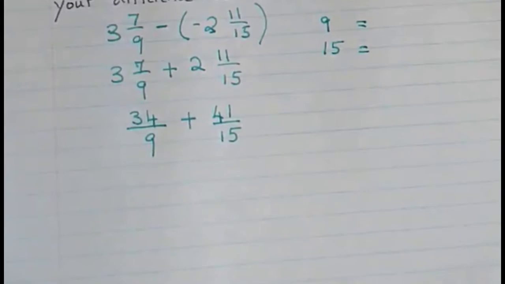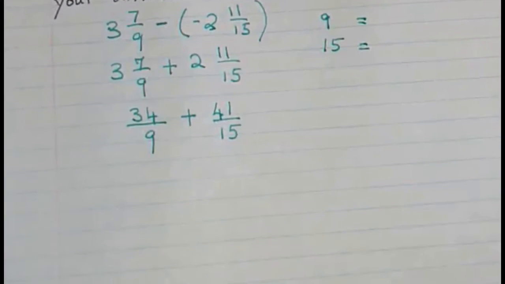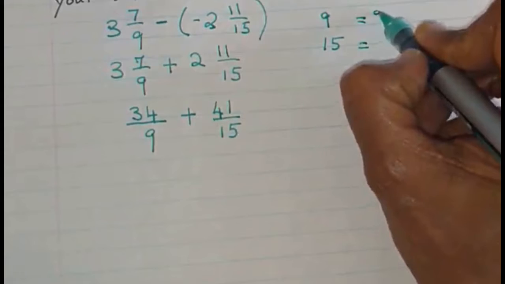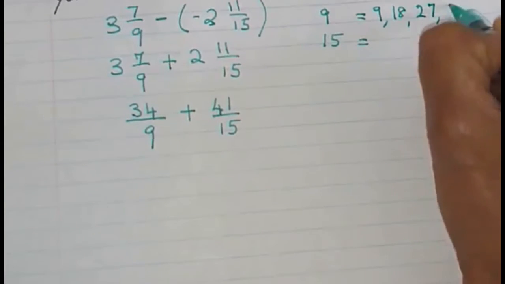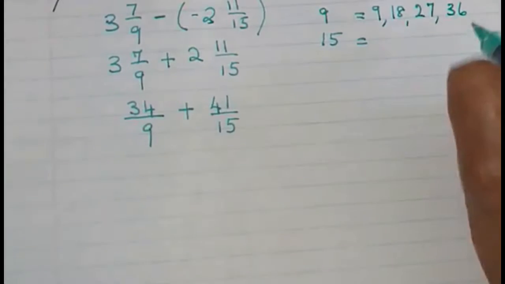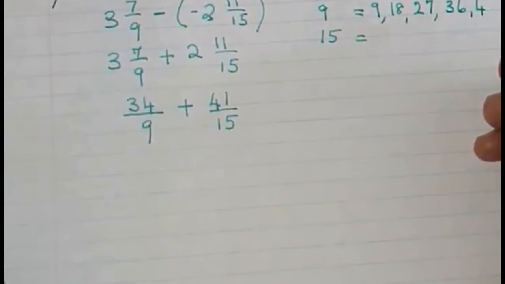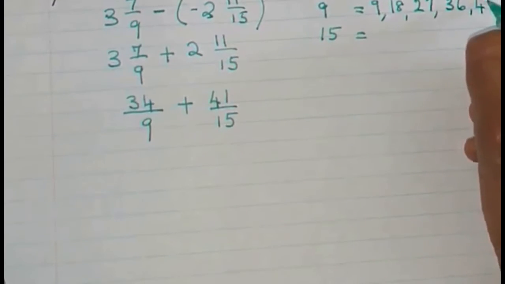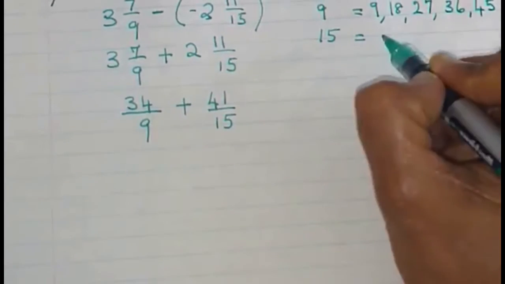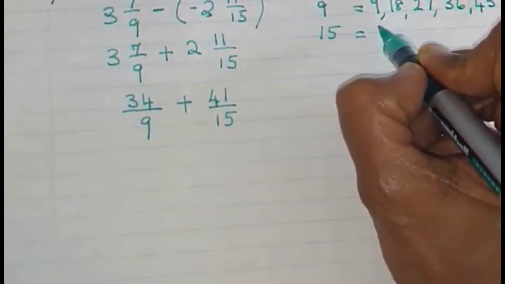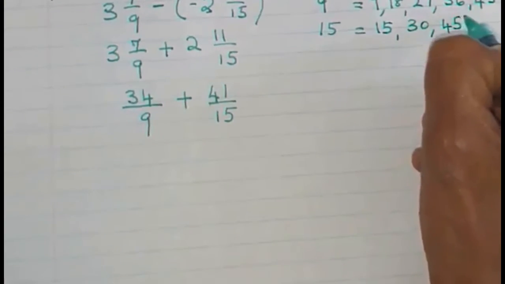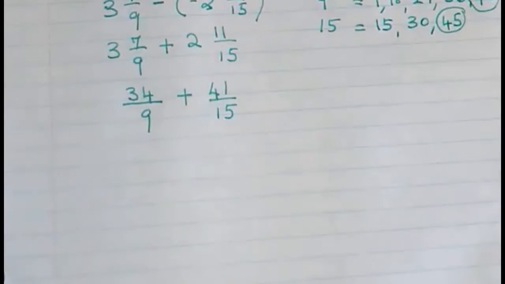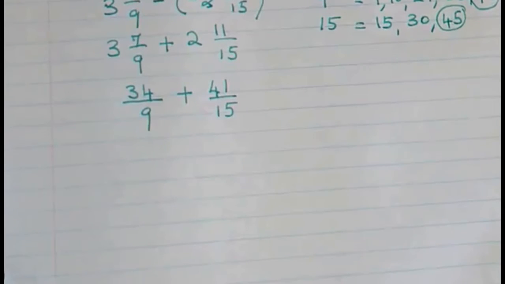So let's do the multiples of 9 and 15. So that's 9, 18, 27, 36, and 45. I'm going to stop there because I know that I'm going to get 45 in the multiples of 15 too. So let's do that. 15, 30, 45. So 45 would be the least common multiple for 9 and 15.